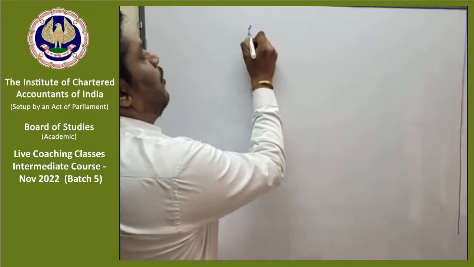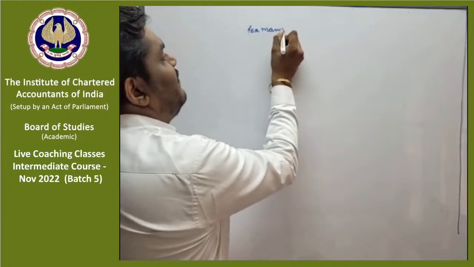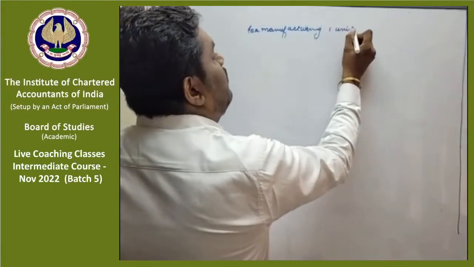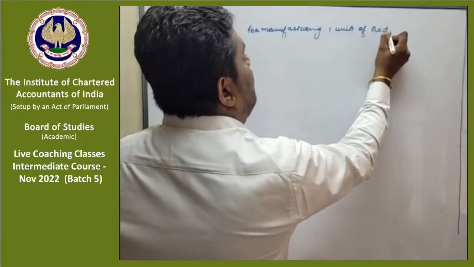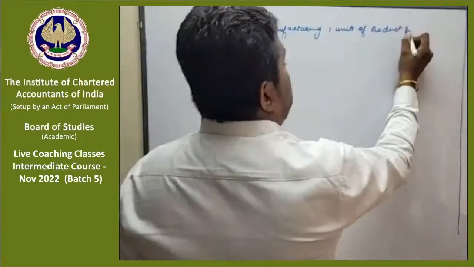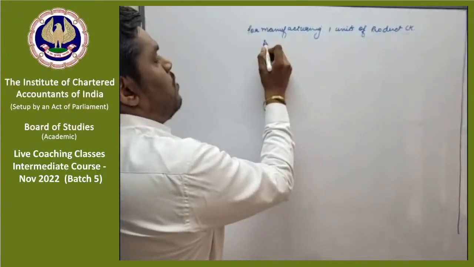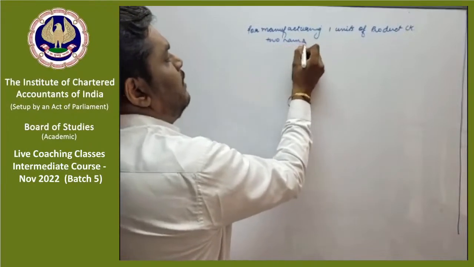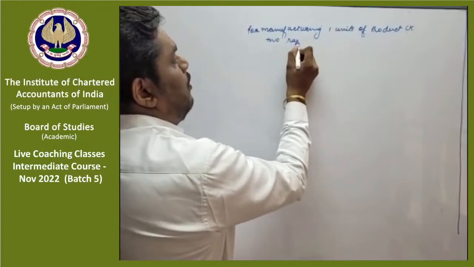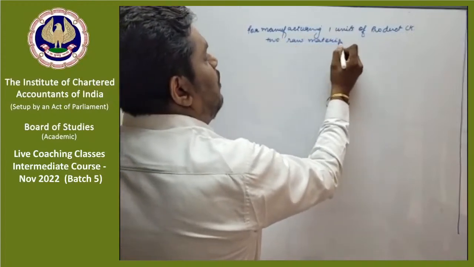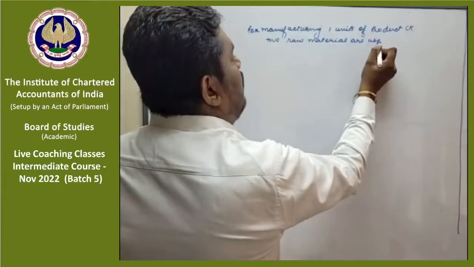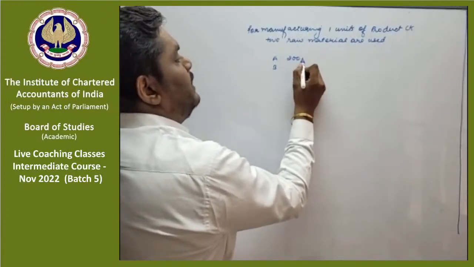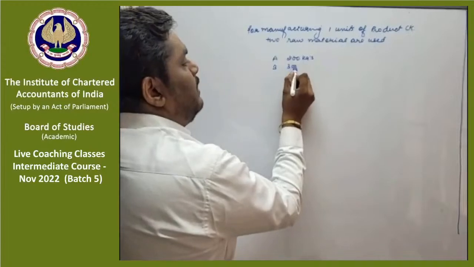Now there is a question for you guys. For manufacturing 1 unit of product CK, two raw materials are used, A and B. A 200 kgs and B 300 kgs.